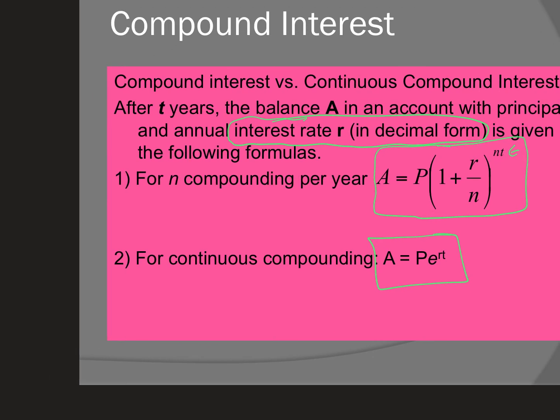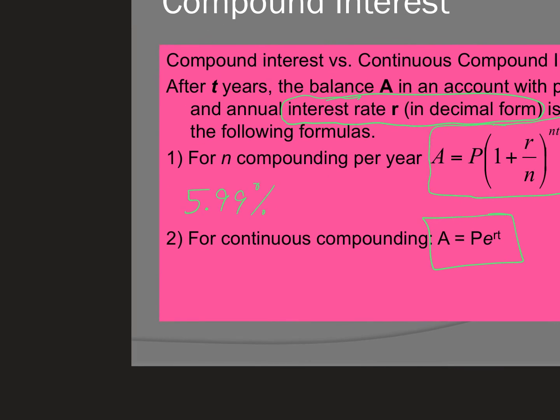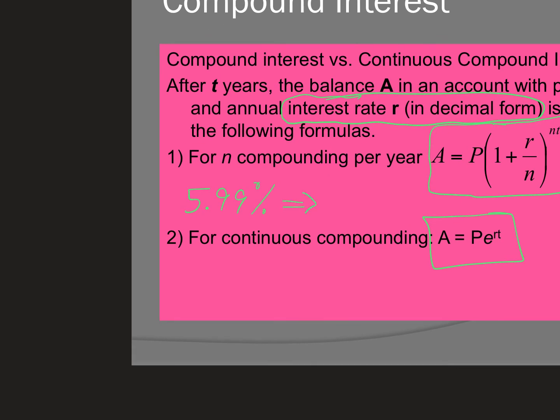Decimal form. Guys, I know you guys have seen a million car ads and it says 5.99% APR, right? If I say 5.99 annual percentage rate, is that a decimal? No. Is there a decimal in it? Yes, but this is a percentage. How do you change a percent to a decimal?